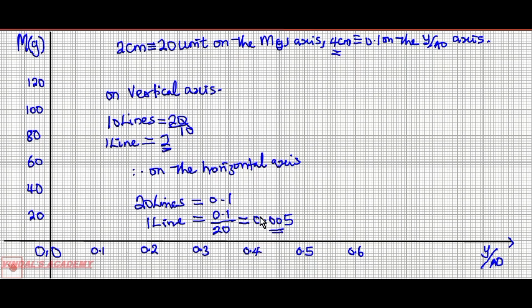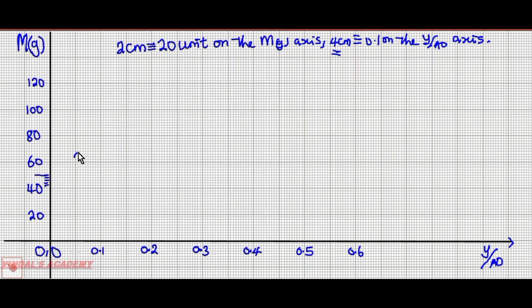That's correct. That is the value of the smallest line. Every one line on the horizontal axis is going to be that.